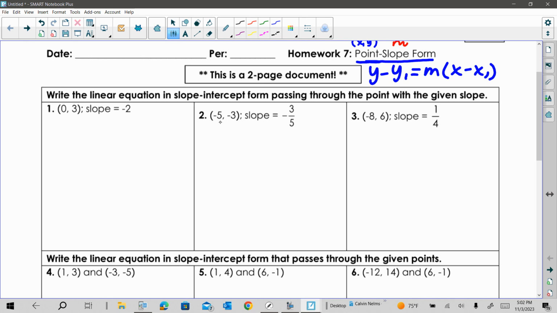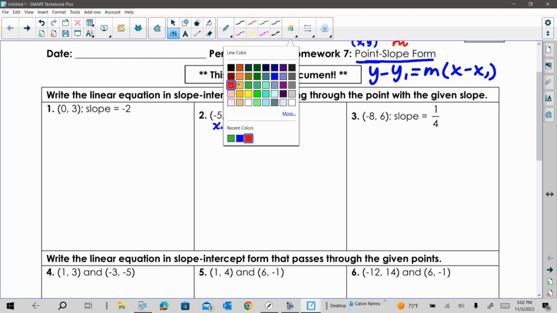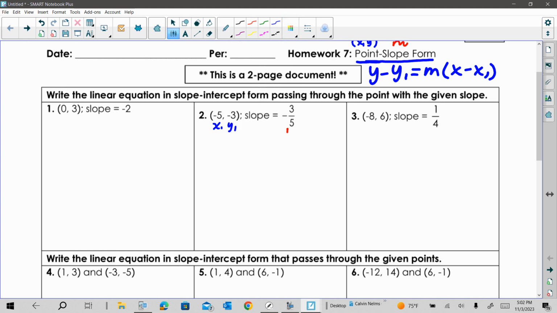We have the point -5, -3, so that's our x1 and our y1. Our slope is -3/5, which represents the m. I'll show the setup so you can get an idea of how to write this.